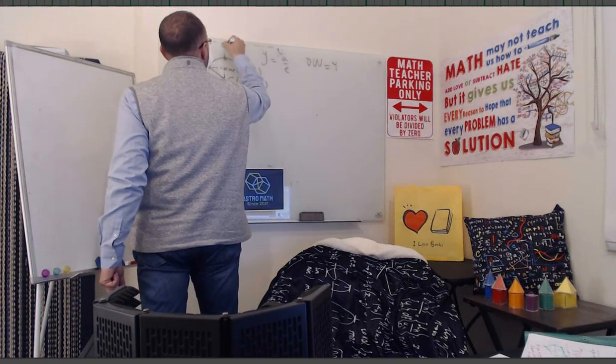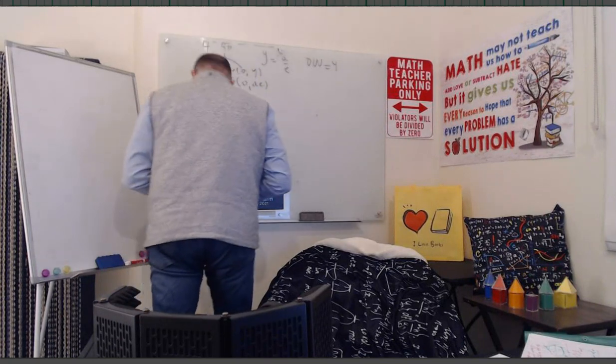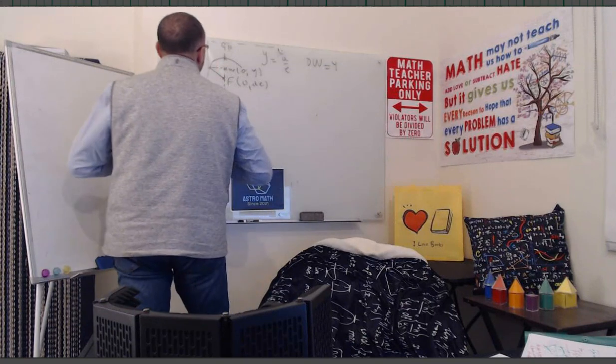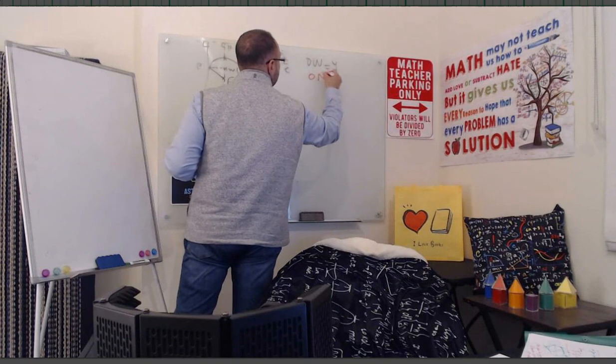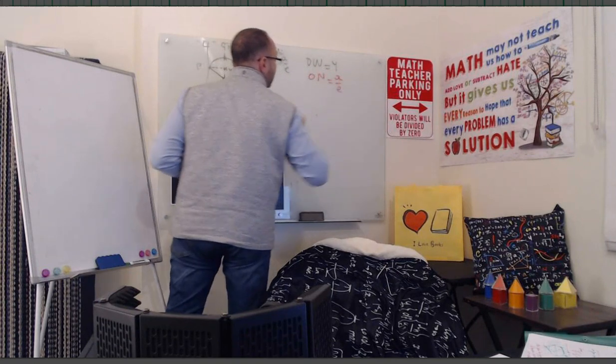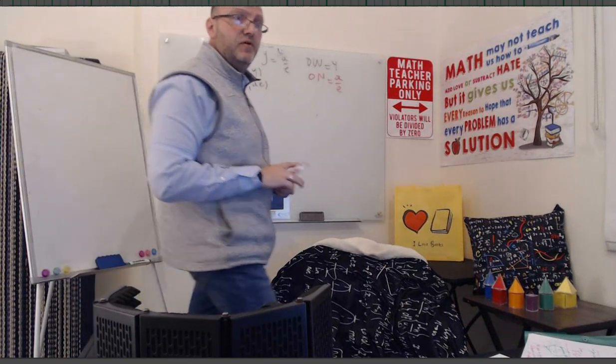ON, remember this is N, this is M. ON equals A divided by E. Okay, that's your Y in the Y direction. And we already proved what?